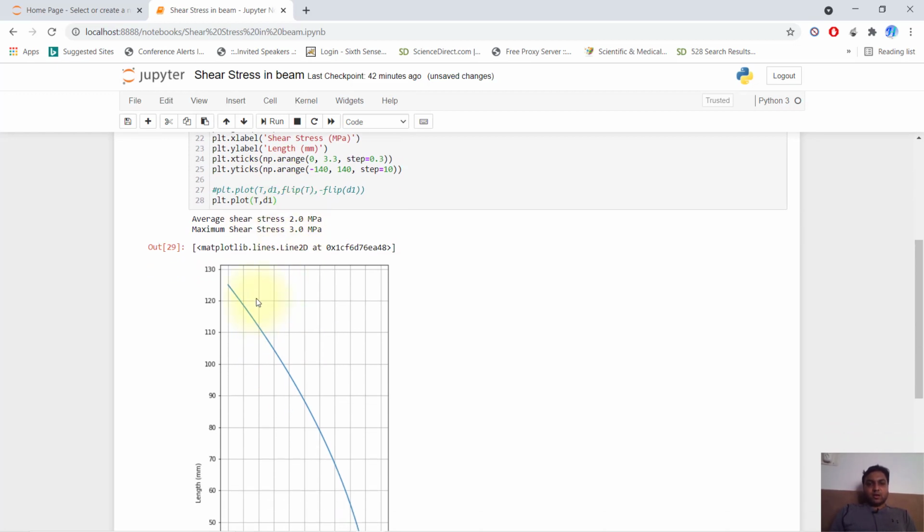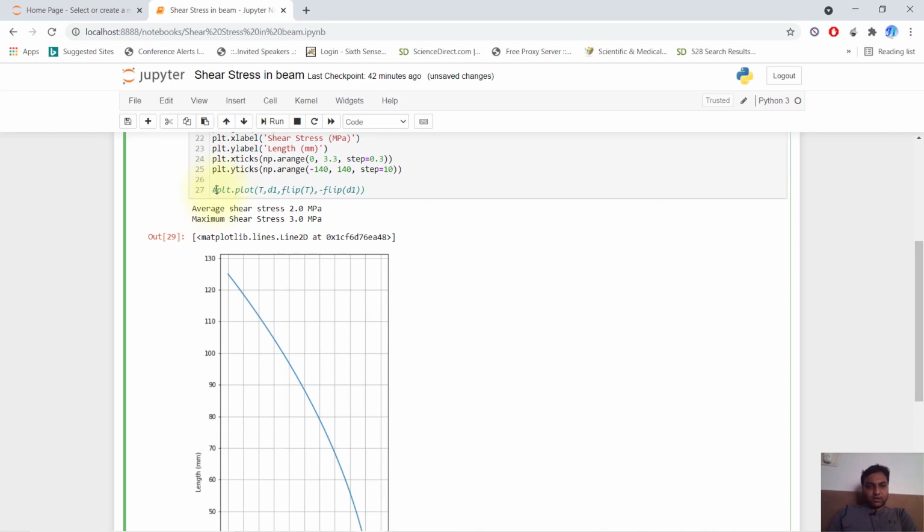We want to see the other half also. So what I will do is flip my t value and flip my d1 value, and multiply by minus 1.